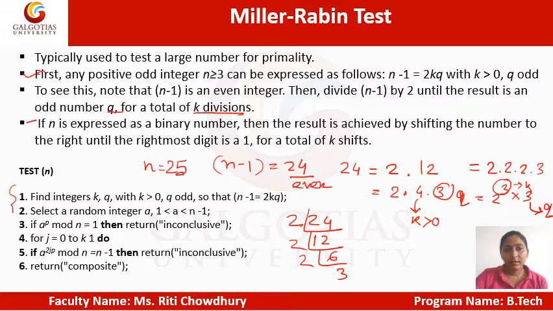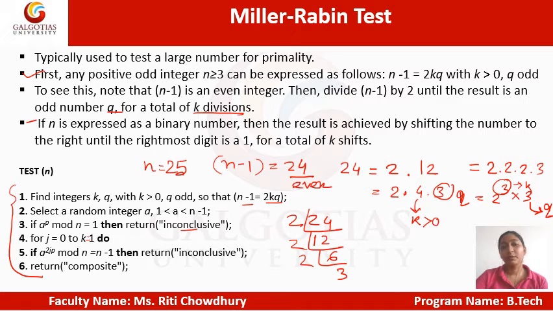So here this is the algorithm that is being used, and we can write the algorithm in a similar way as we have given here. If n minus 1 is equal to 2 to the power k times q, we have to find k and q in this manner, and if a to the power q mod n is equal to 1, then the number is inconclusive, otherwise the number is composite. For j equals 0 to k minus 1, do: if this one is satisfied, k minus 1, sorry, this will be minus 1.